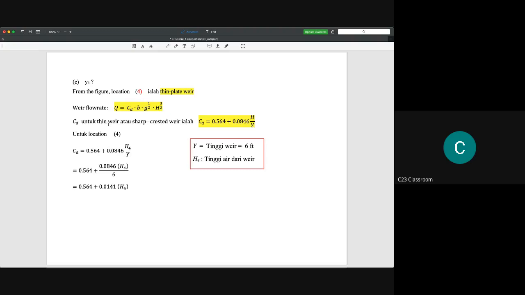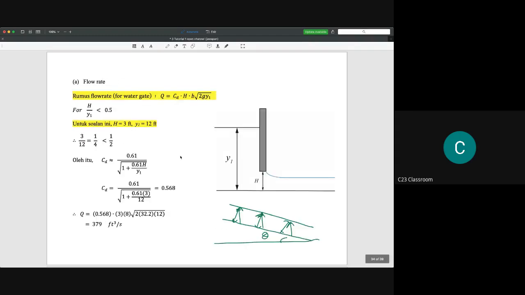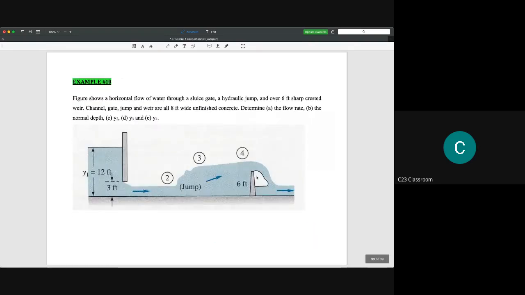If you see the CD here, the shape is a sharp crested weir. We assume that the top is a little bit sharp, because the tip here is not so long, so the water does not flow along it; we assume it is quite a sharp weir.